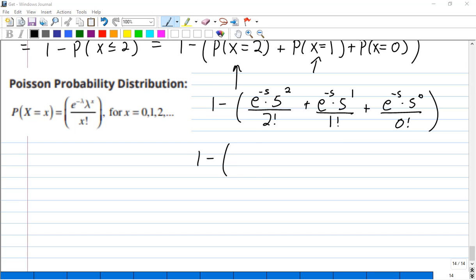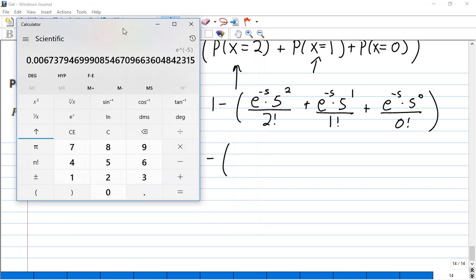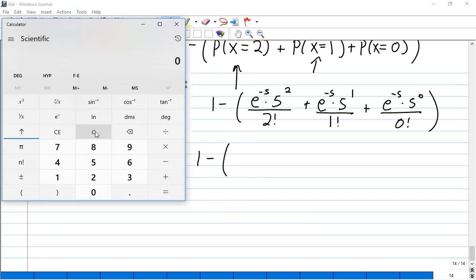All right, so let's type this in the calculator. And I'm going to carry each one out to about 5 decimal places. All right, so here's e to the negative 5th power, times 5 squared is 25, divided by 2 factorial is 1.